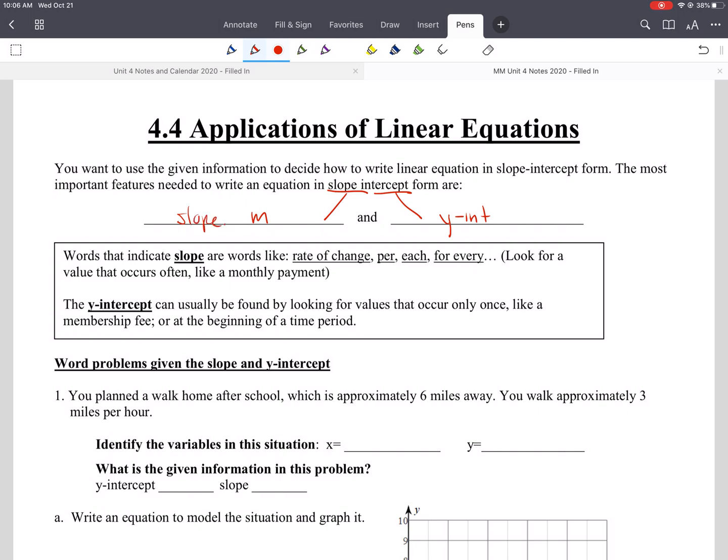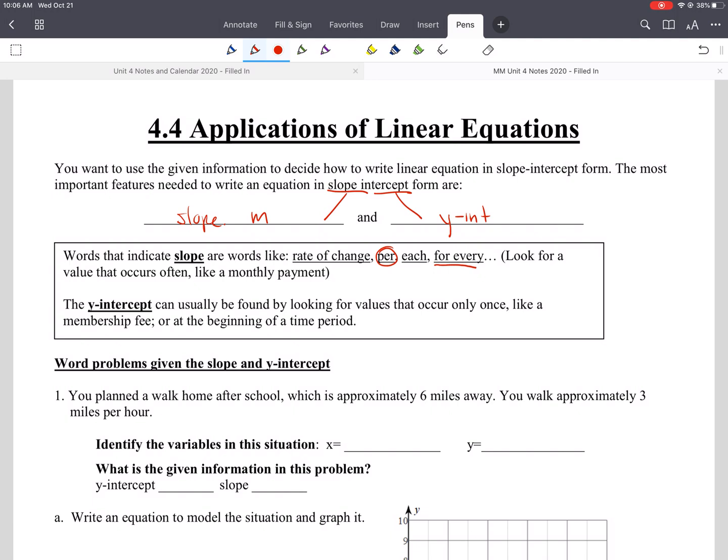Kind of talked about this a little bit, but words that indicate slope are words like rate of change or per. This is an often common one. Or for every, each. Like I get paid $10 per hour or each hour.